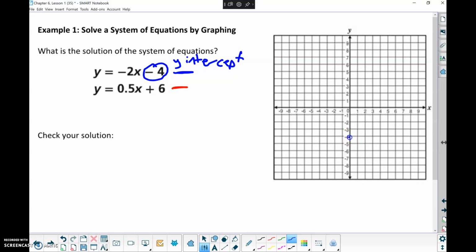So that means it crosses the y-axis at negative 4. Then what am I going to do? Since it's negative, it'll go down, right? Yep. So I'm going to use my slope and go down 2 over 1. And I could do that as many times as I wanted.